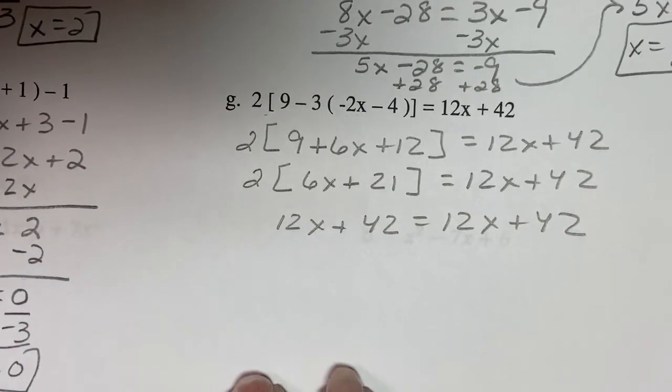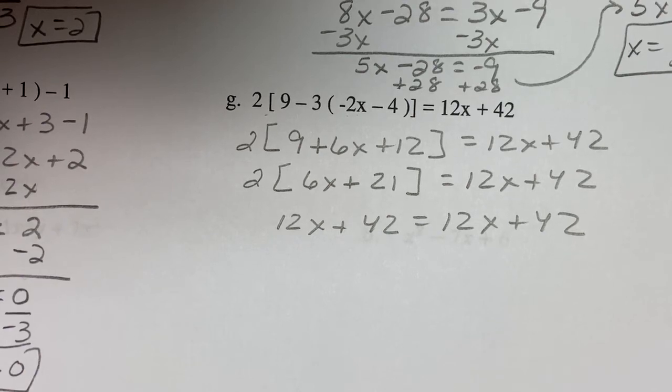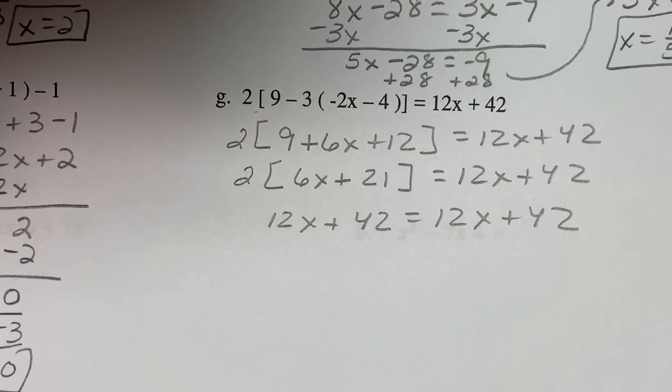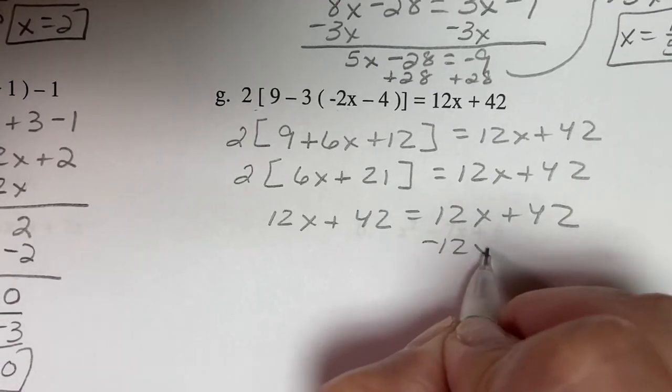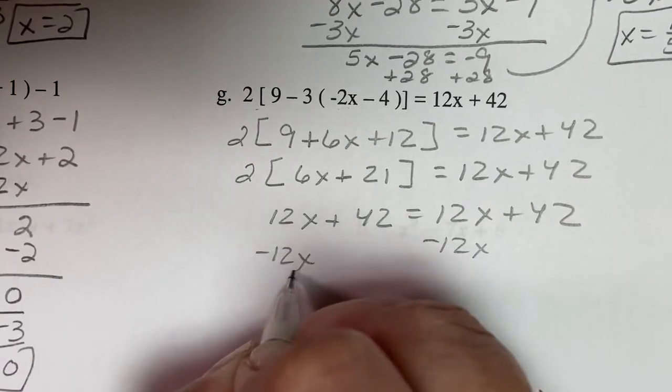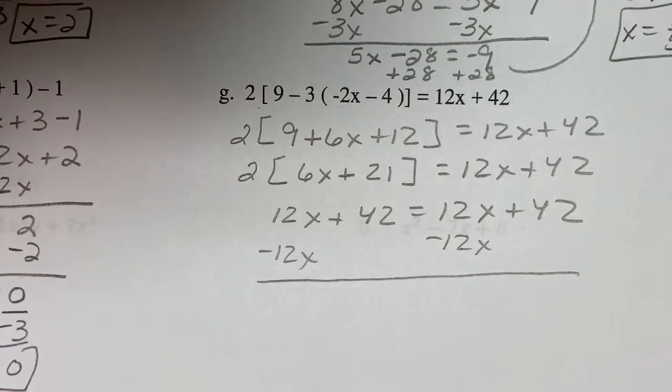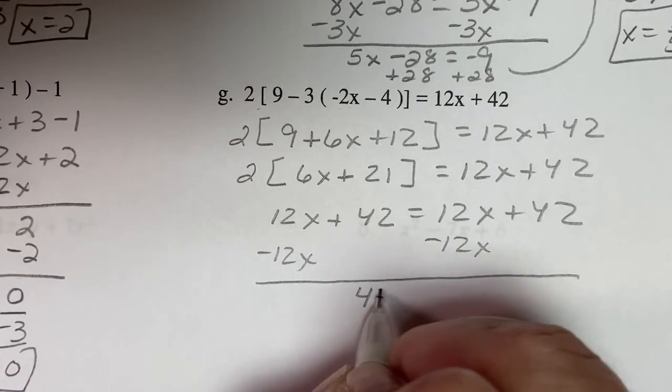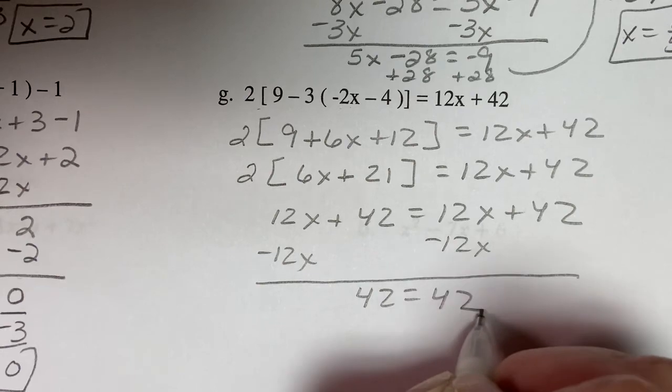And at this point, you should see something interesting is happening. So, for example, if I say, hey, I'm going to get all my variables to the left-hand side, so I'm going to subtract 12x from both sides. Well, what happens? All of your variables will drop out.